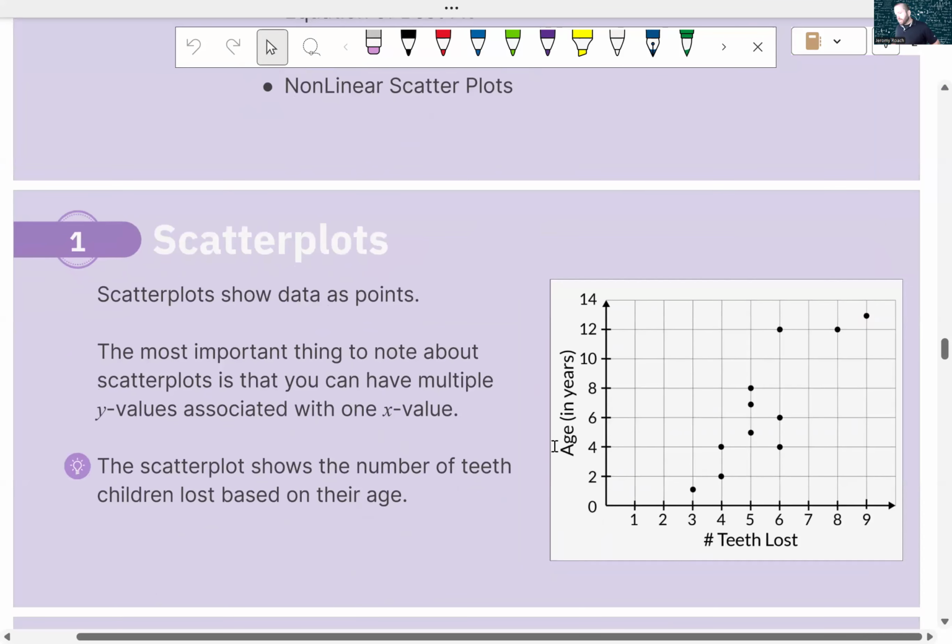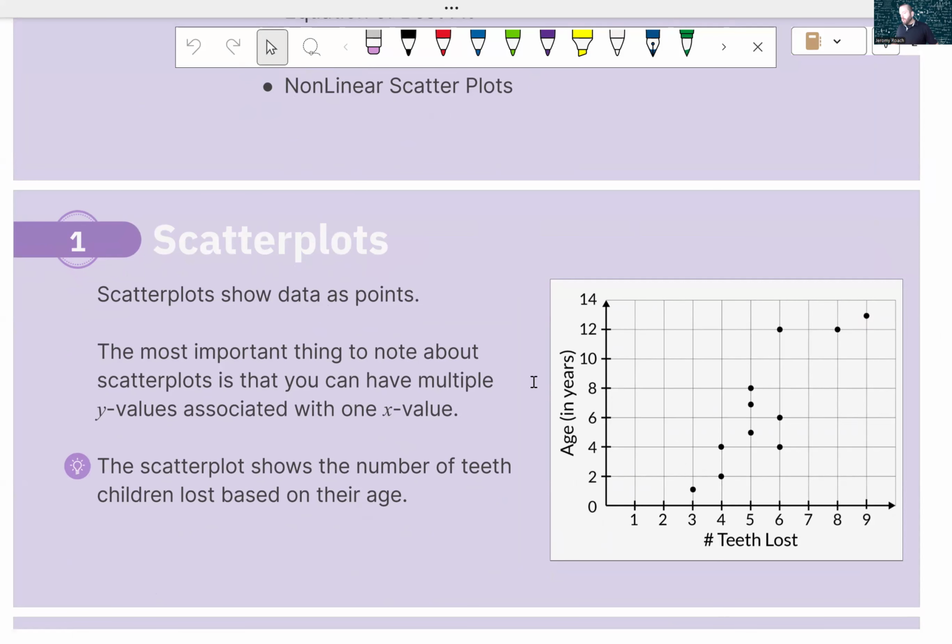So a scatter plot shows us these data points, and I'm sure many of you are familiar with these different types of graphs. We have information on the x-axis and information on the y-axis. So we can have multiple y values that are associated with one x value.